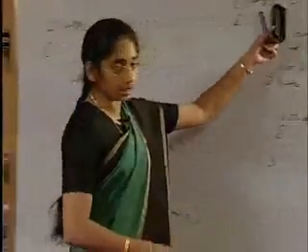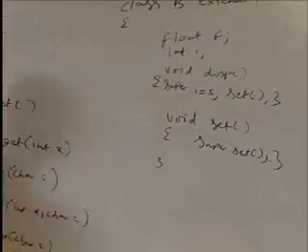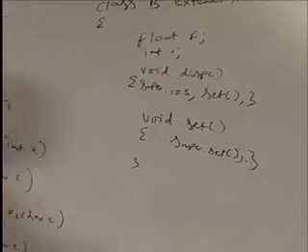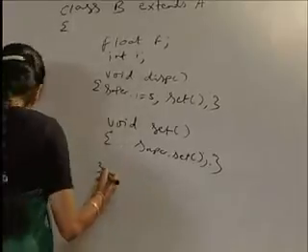Now for class B, not only do we have all these get methods, if you want, you can define your own get method here as well.